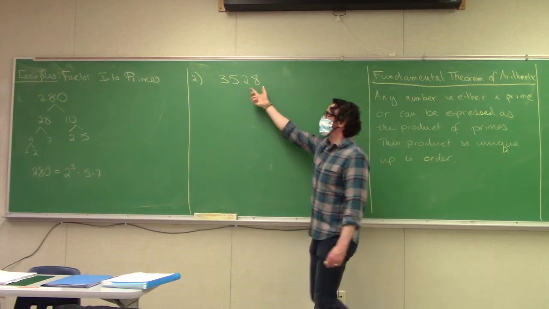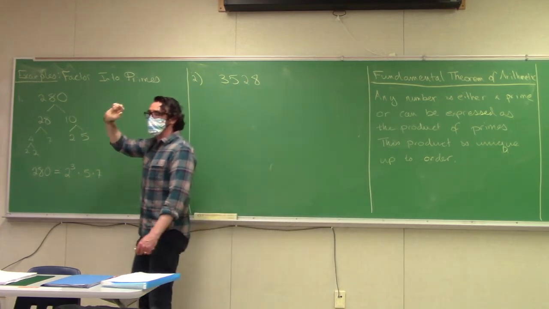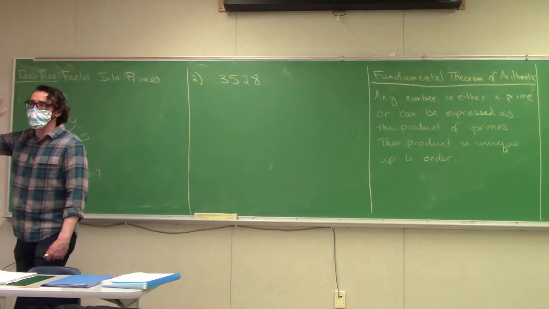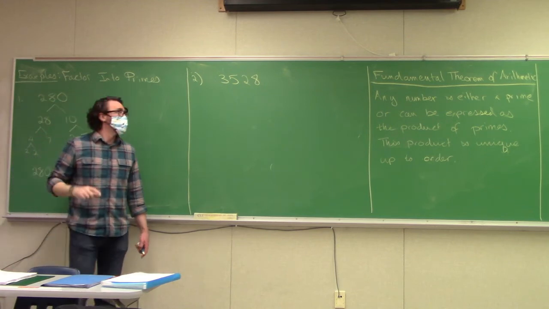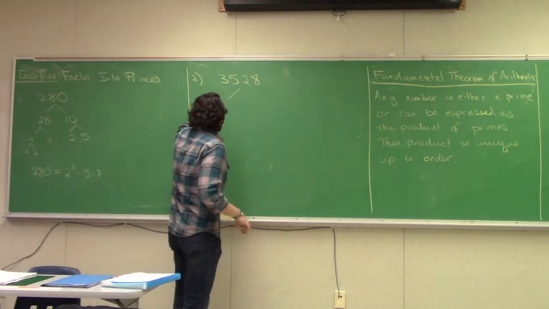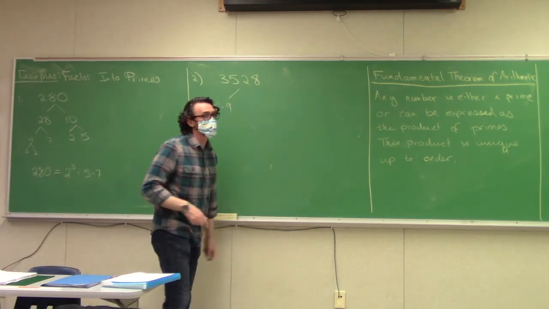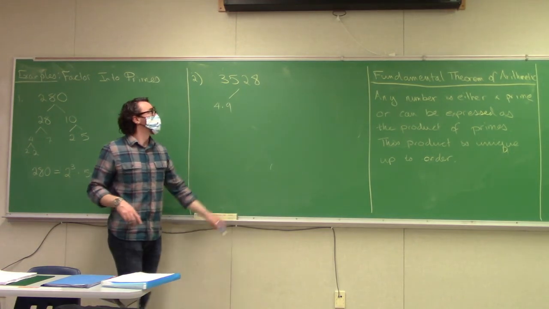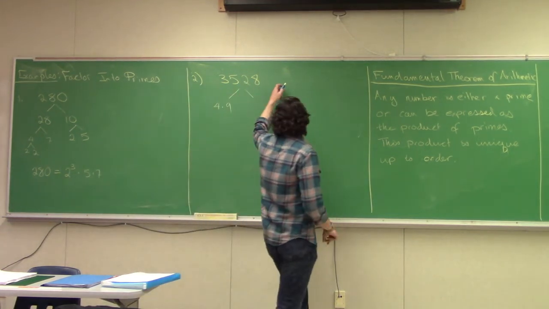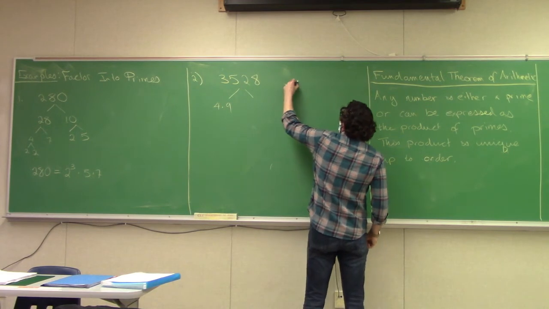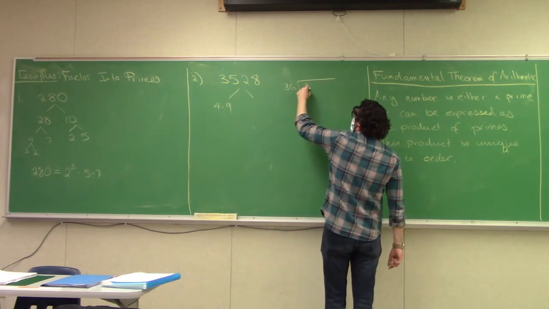We're looking at the last 2 digits. So we're divisible by 9, we're divisible by 4, so I'm going to factor those out together: 4 times 9. Now what's the other one? Well, I'm going to have to do a division here. 4 times 9 is 36.